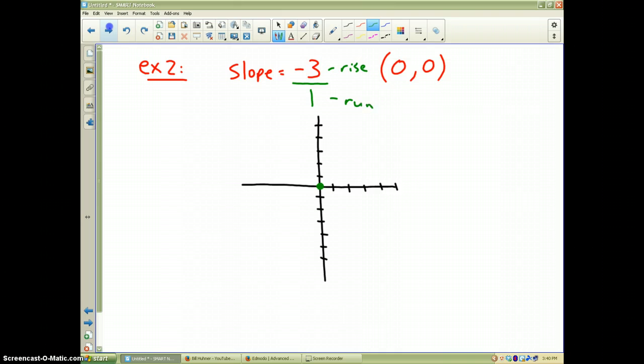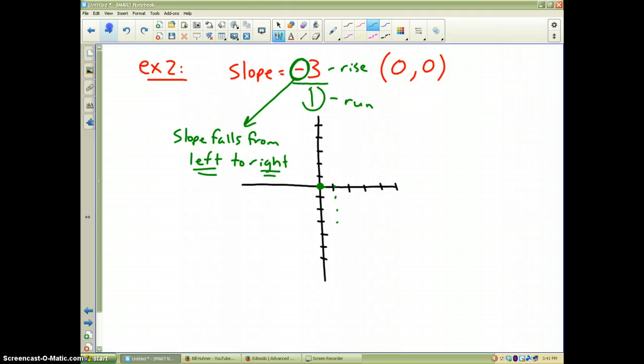The top number is the rise, the bottom number is the run. So from this dot right here, it says run 1. So I'm going to go to the right 1 and then down 3. This is where the negative sign comes in. Very important to remember, negative means the slope falls from left to right. Our line is going to go down from left to right, just like you read.